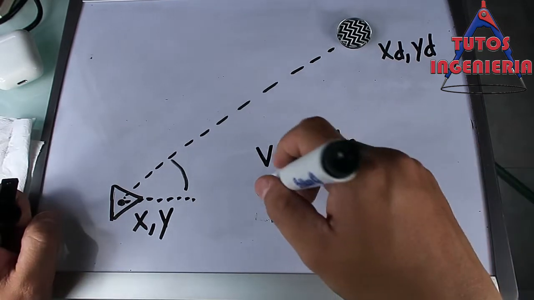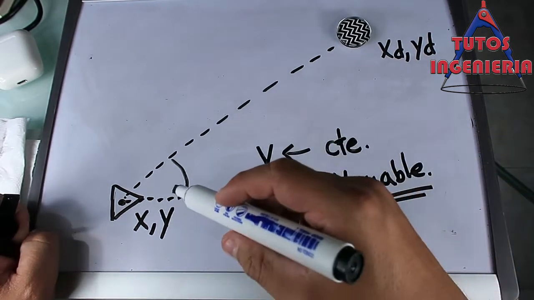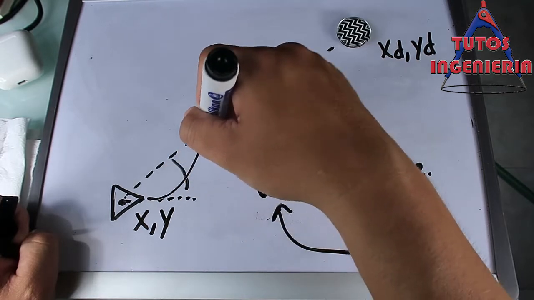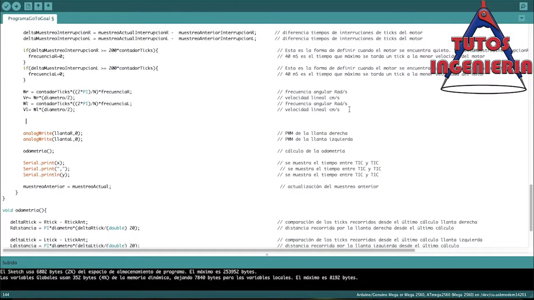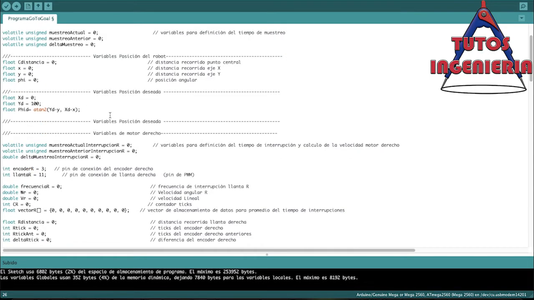Then the objective of this video is to generate a control that achieves a point, only controlling the angular velocity. This is the key. In the code, we are going to add the line of code that defines the linear velocity, that is defined by the velocity of the right wheel plus the velocity of the left wheel over 2, that is a mean of the velocities. This is the velocity, but in this video we know that this variable is constant.